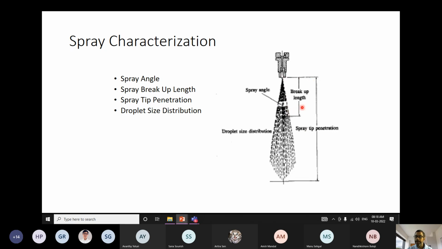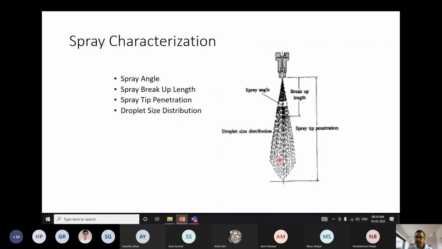So our aim is to minimize the breakup length as much as possible so that the atomization process can initiate at a very short distance from the jet tip itself. Spray tip penetration is the farthest distance from the tip of the injector that the fuel droplets can travel inside the combustion chamber.